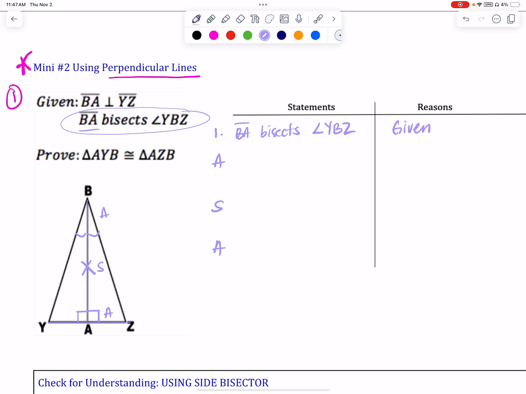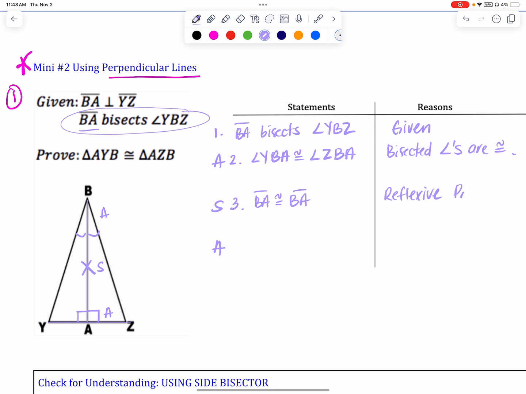And so that means angle YBA is congruent to angle ZBA. Why? Bisected angles, use shorthand, are congruent. Now we need a side. Our side is BA is congruent to BA, or AB is congruent to AB, doesn't matter, still refers to the same side because of the reflexive property.